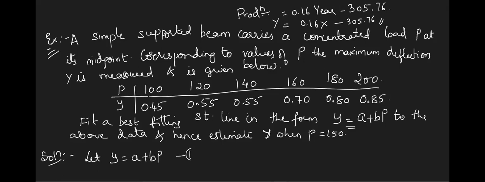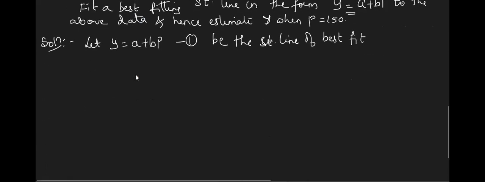Take this as equation 1, the straight line of best fit. What are the values required to find? We need to find A and B. After getting them, substitute. That is the end of the problem.